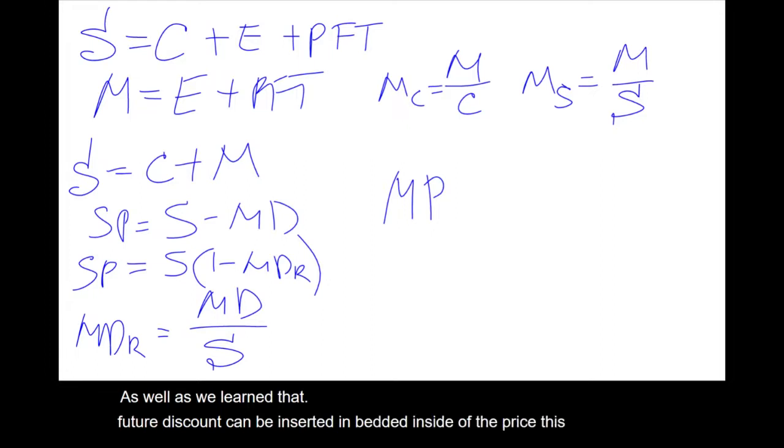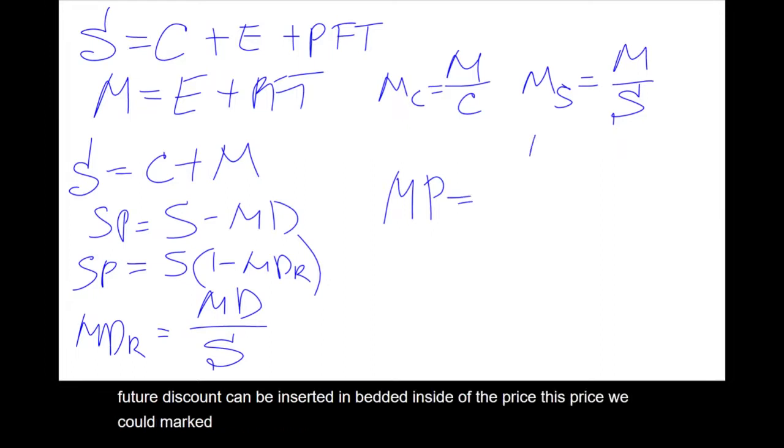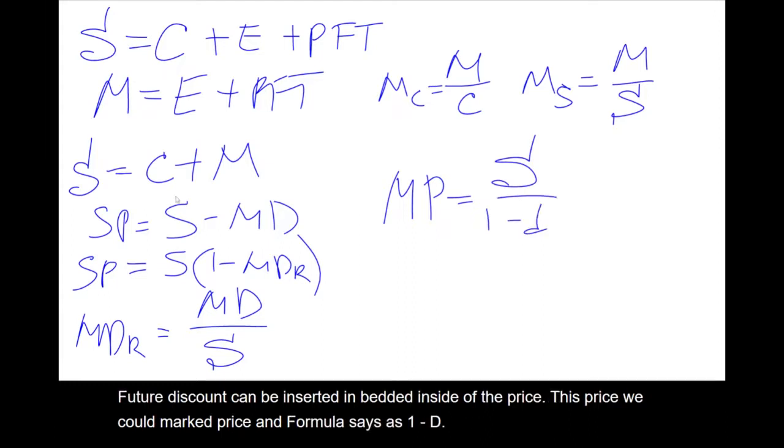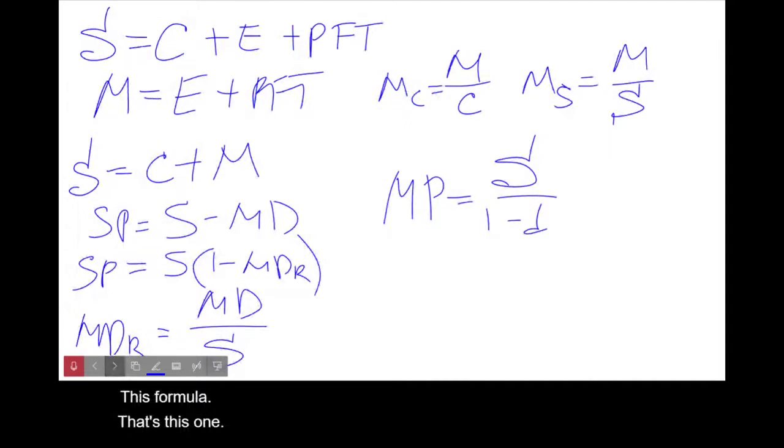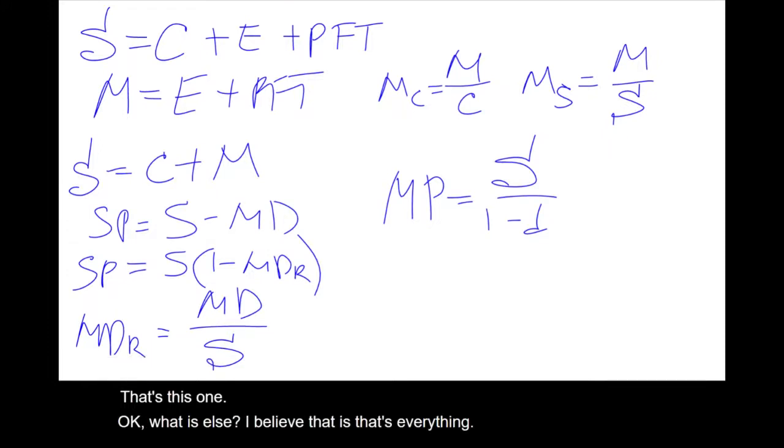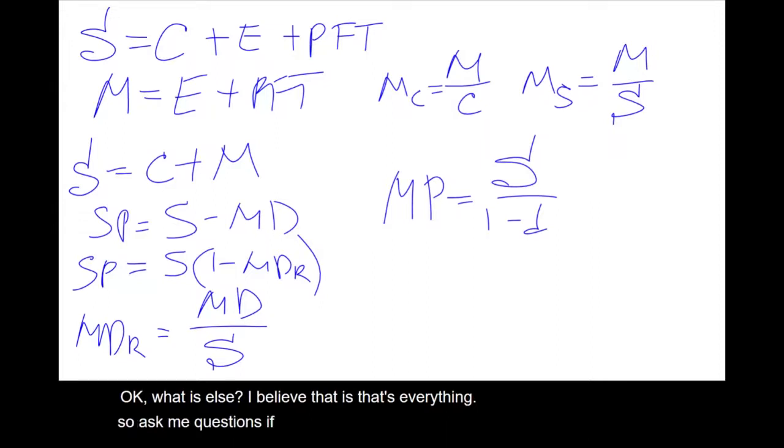This price we call marked price, and formula says S over 1 minus D. That's right there, this formula. Okay, what else? I believe that's everything. So ask me questions if you have.